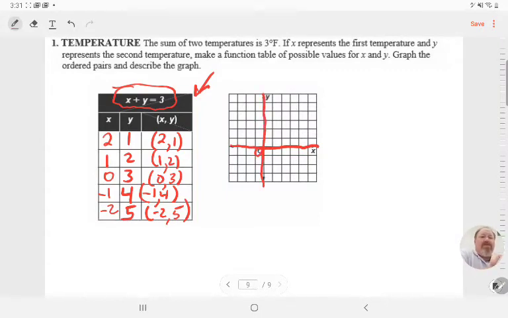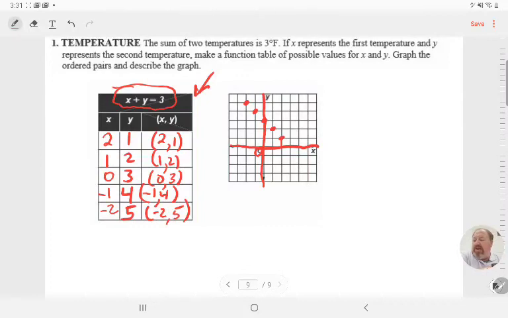Okay? So I would start out with 2, 1. So to the right 2, up 1 would put me there. And then I have 1, 2. So that puts me here. Then 0, 3 would put me here. Negative 1, 4 would put me here. And negative 2, 5 would put me here. Okay? So now I'm done graphing. So that's another thing I've got checked off.